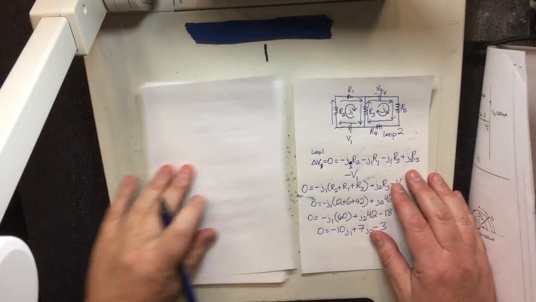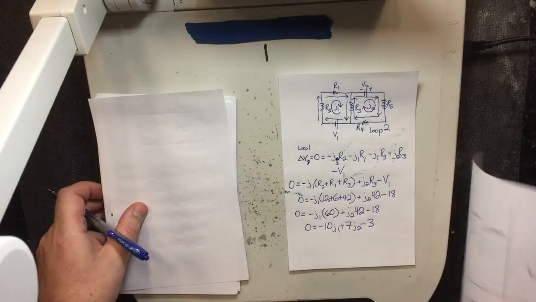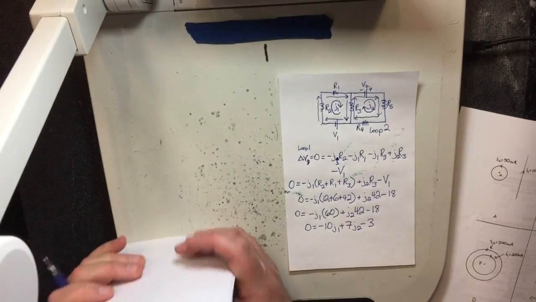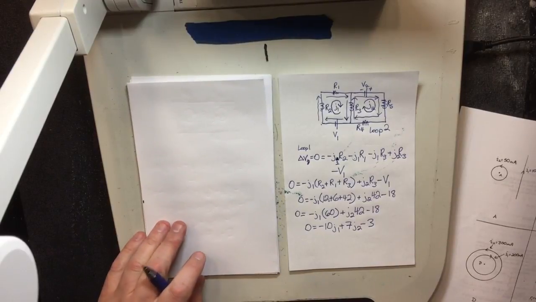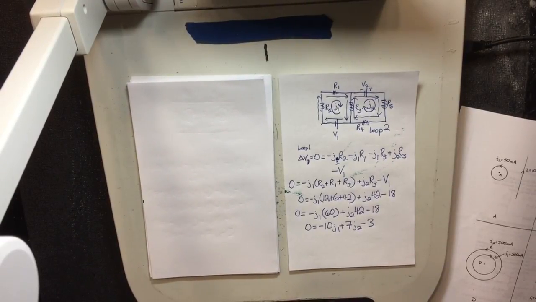Now we do the same thing for number 2. You don't need to get J1 by itself. Not yet. We could. All right, fine, you asked. Let's do that.